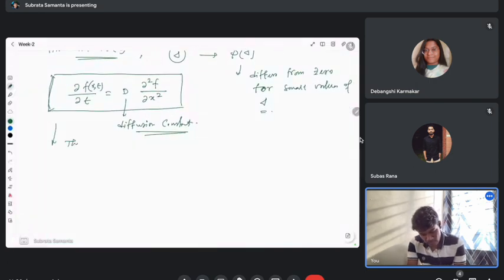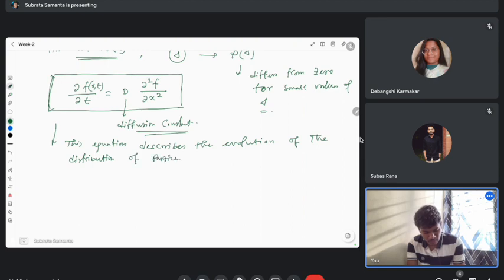This equation describes the evolution of the distribution of a particle in space and time, so it is also time dependent.